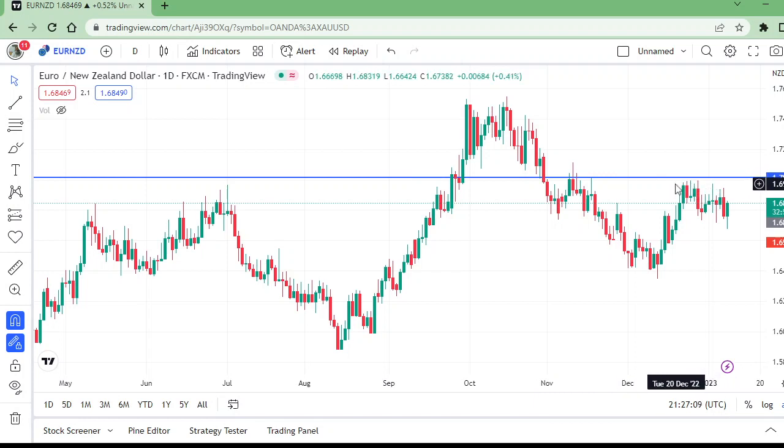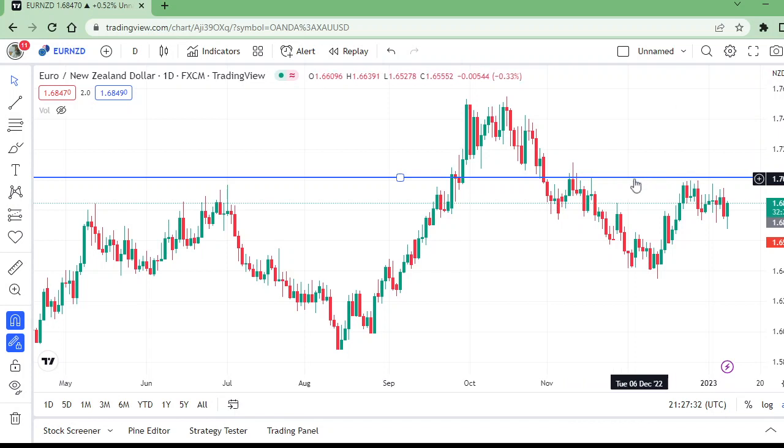What happens in rejection? The price does not touch that resistance. If it was to be broken, then the structure would be that it would have been penetrated, and then the pair would have been going upward.